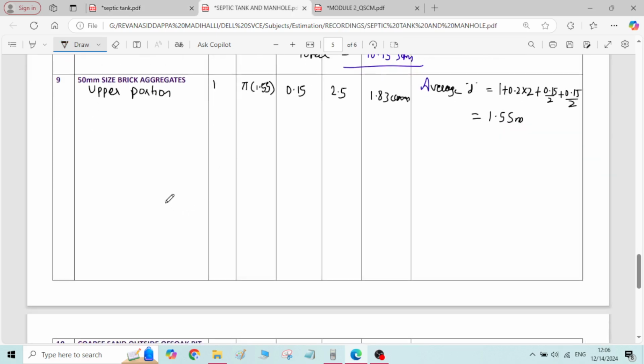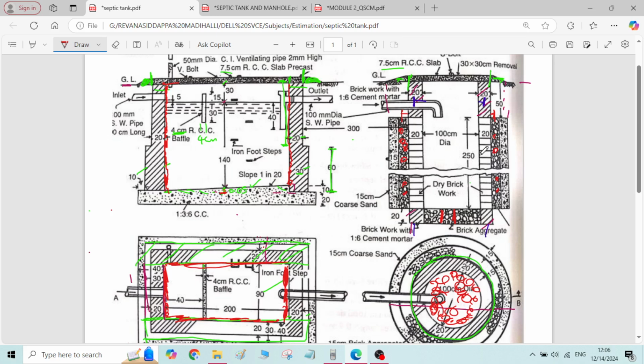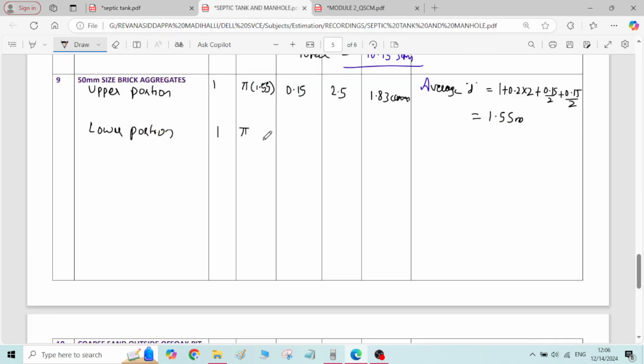Therefore, for the lower portion, number is 1, the inner diameter is 100 centimeter, nothing but 1 meter. Pi d square by 4 multiplied by height.